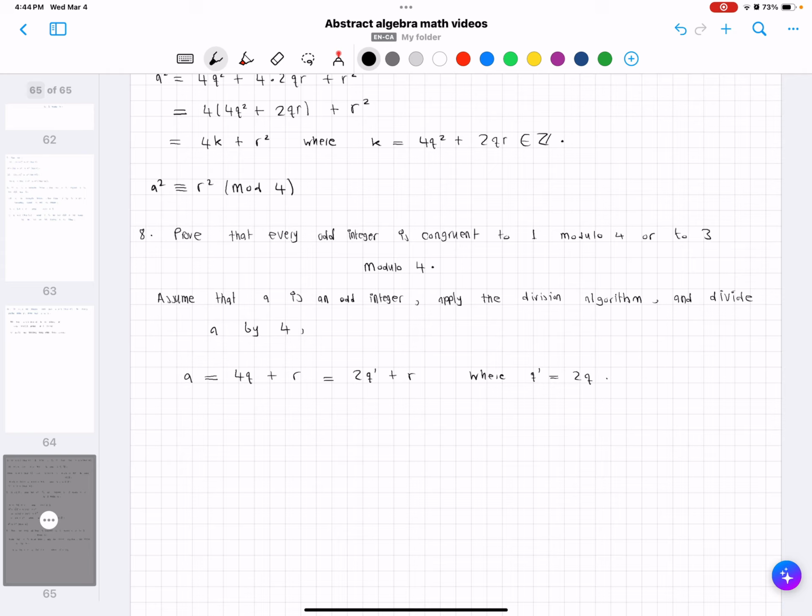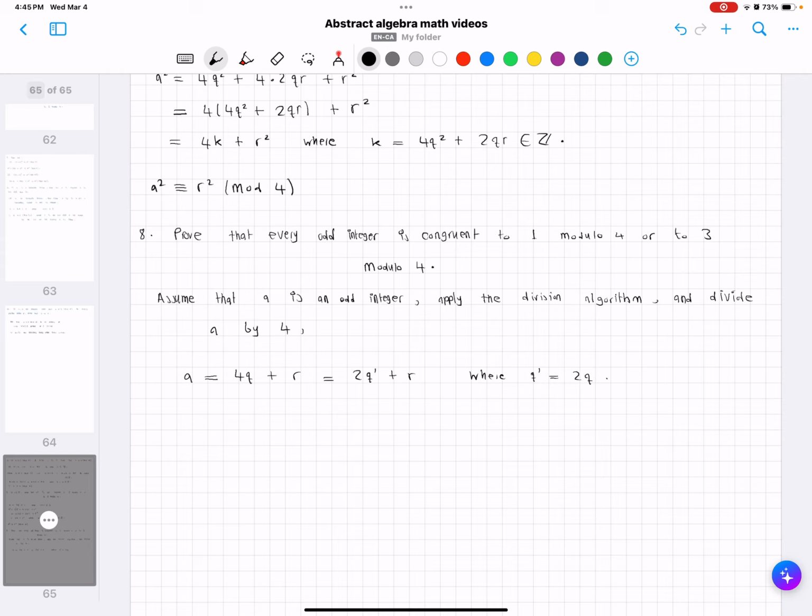And here we cannot have any R being an even number, because then A would be even. So it can be 1, but it cannot be 0. It cannot be 2.